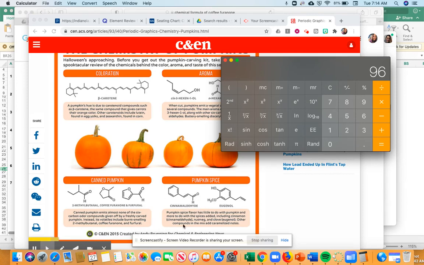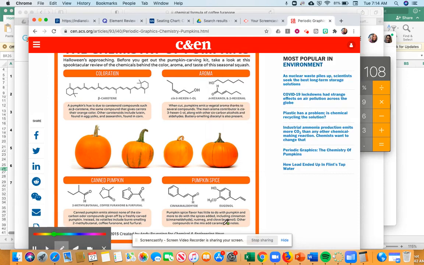All right, on to our cinnamaldehyde. So our carbon, we've got 1, 2, 3, 4, 5, 6, 7, 8, 9. So C9, 9 times 12. Plus our hydrogen. Now this is when we have to make sure that we're looking at who needs the hydrogen. So this guy right here needs 1. 1, 2, 3 needs 1. 1, 2, 3 needs 1. 1, 2, 3, 4, good. 1, 2, 3 need 1 here. 1, 2, 3 need 1 there.